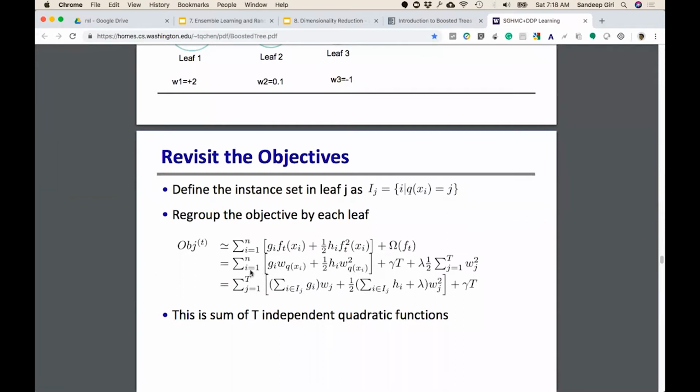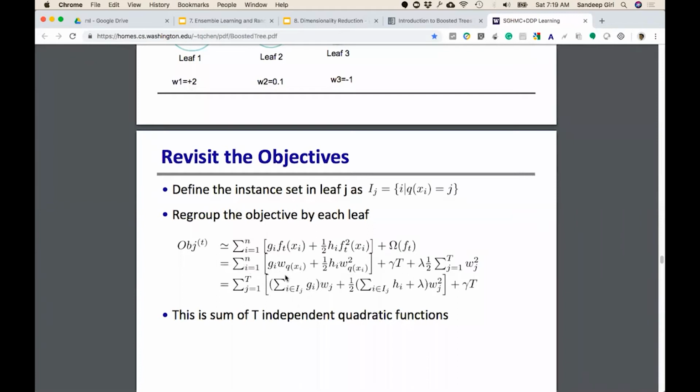Instead of going over all the trees and all the leaves, you go over all the leaves, and inside each leaf you can sum up these things. That's what has happened. So this sigma became this.